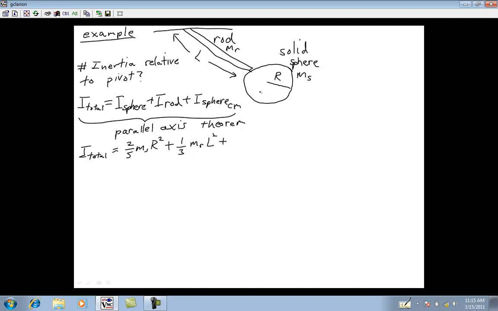We're going to apply the masses, both m r and m s, at that distance, L plus R squared.